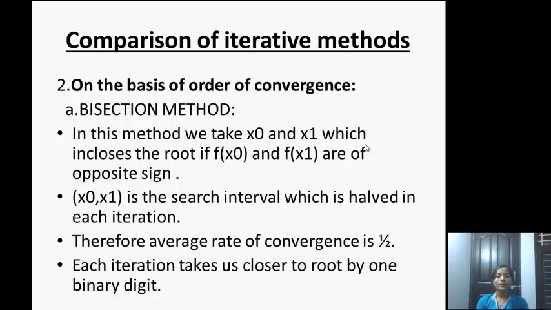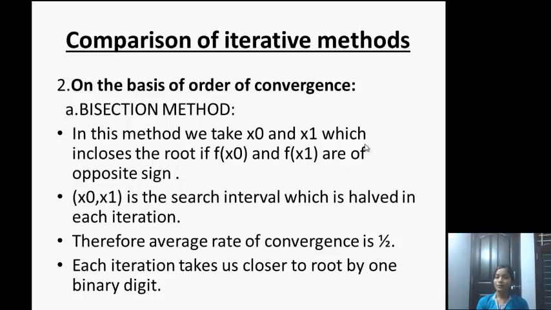Now the second point is on the basis of order of convergence. Order of convergence is how fast our root will be reached in the method. First is the bisection method. In this method, we take x0 and x1, which enclose the root if f(x0) and f(x1) are of opposite sign.